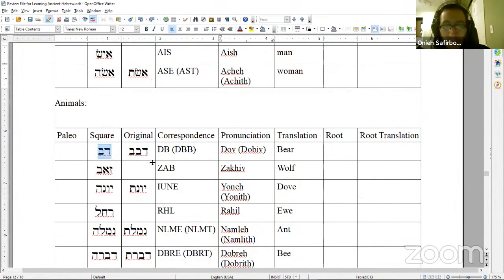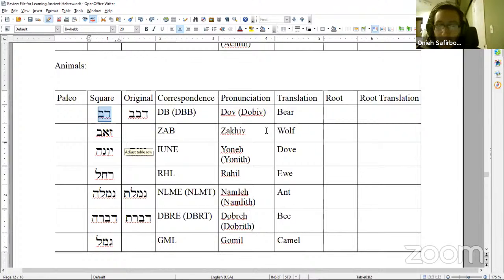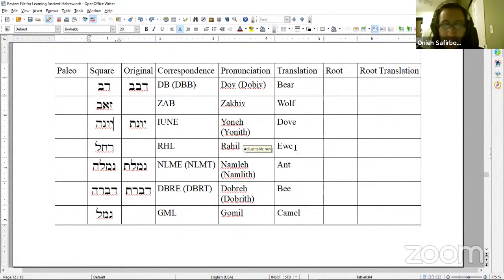Dav, originally Dabiv, is bear. Zachev means wolf. Yana means dove, originally Yanith. Rahil means ewe, as in EWE, the animal. Namla means ant, originally from Namlith. B is Dabra, originally Dabrith.